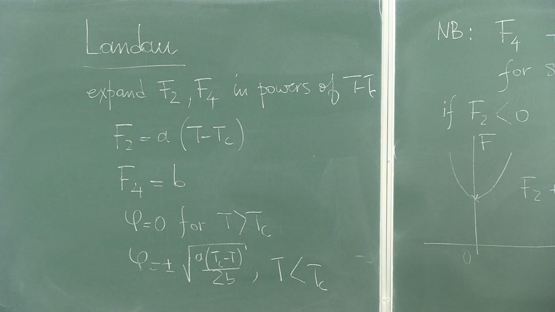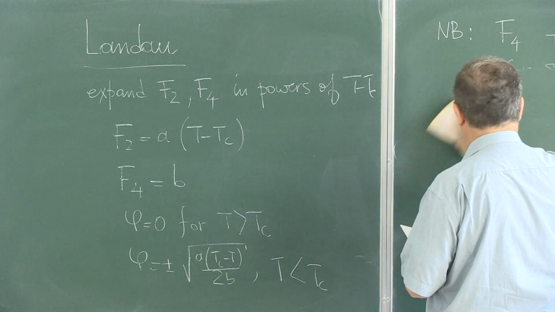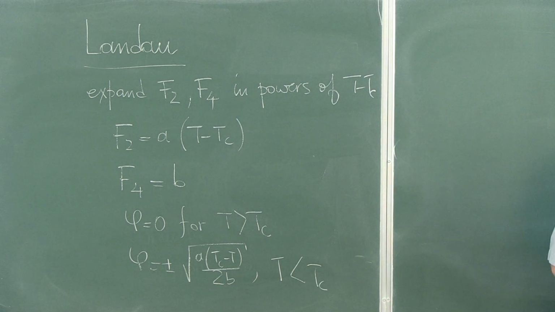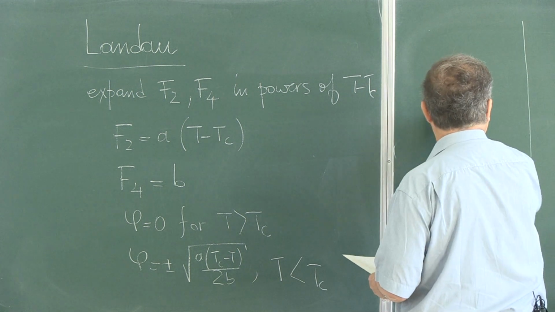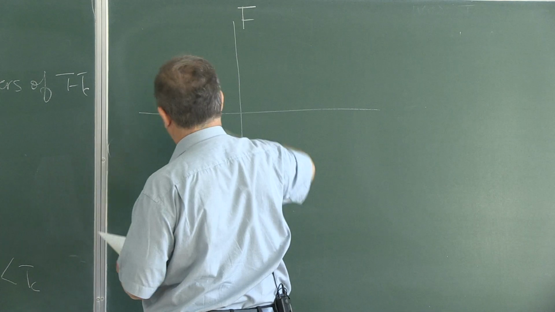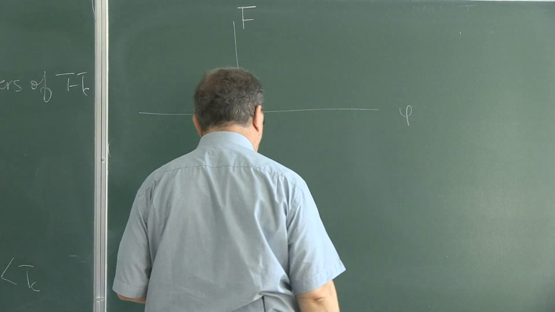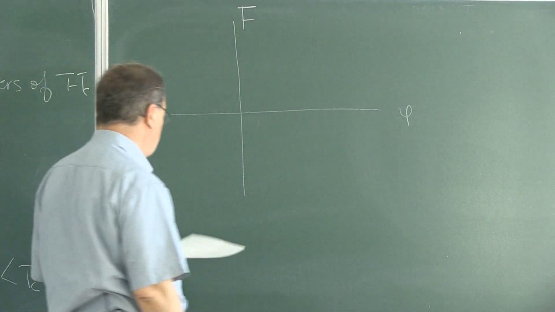Well, if you plot the free energy as a function of phi, you have the following picture. Lambda free energy as a function of order parameter up to phi 4.